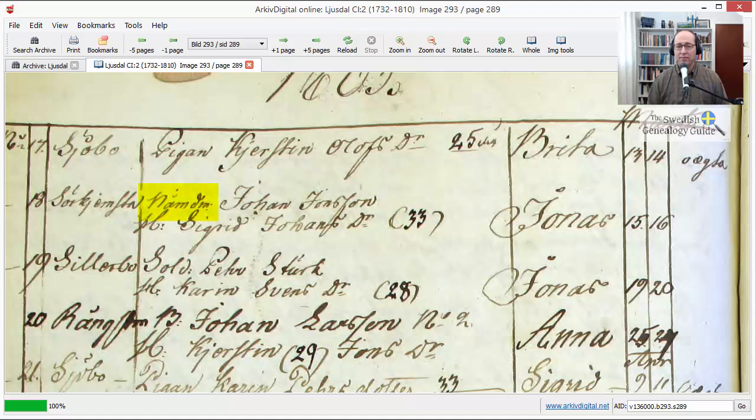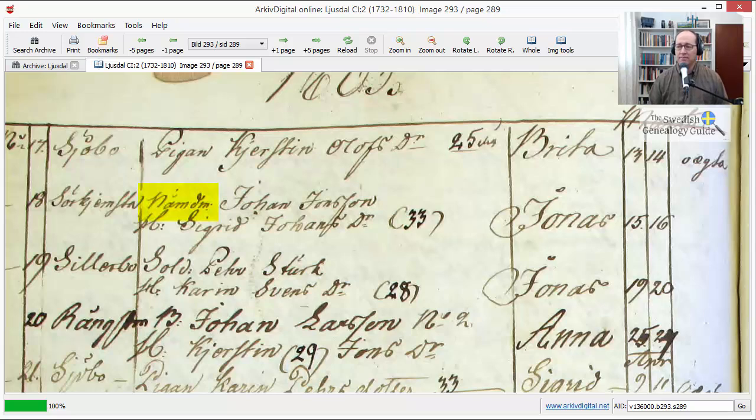And I know that because it's got that little squiggly mark right above the A. So, I guess it could be an O with two dots, or an A with two dots. But that little squiggly is what indicates that it's one of those two letters. And then we have the letter M, and then D, and then maybe another M.